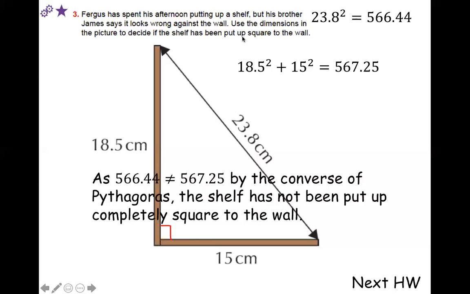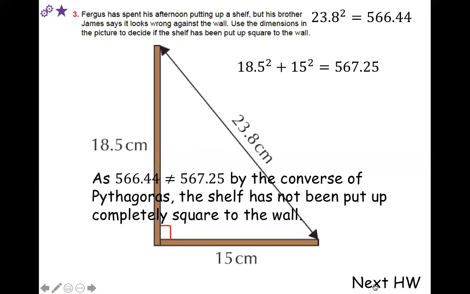So I don't know how his brother managed to see it with his bare eye, but there you go. Again, if this was a proper exam question, they would make the 23.8 like a 25, for example. Then you would say, okay, I can see a big difference between the two. Not something that close. Okay.